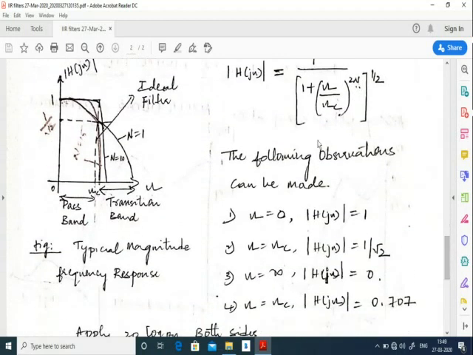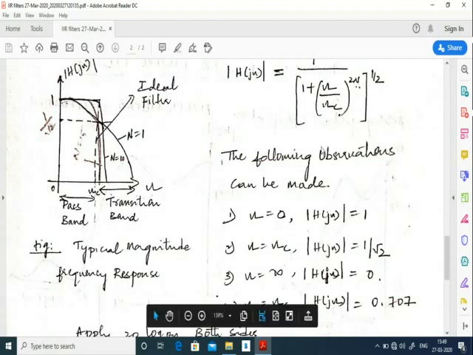from this particular equation. Let me substitute various values of omega, because this is the one which is varying, and check what magnitude I get in each case. To begin with, let omega be the starting value, which is 0.